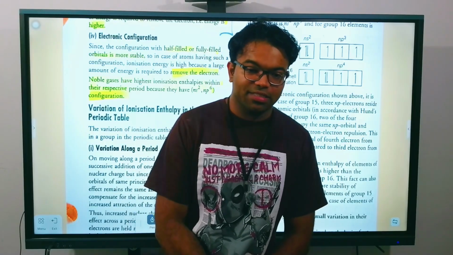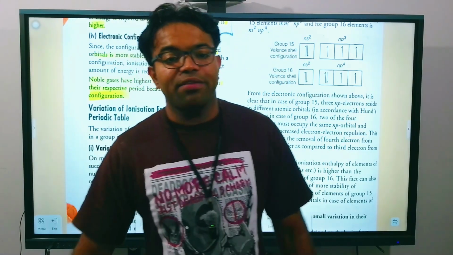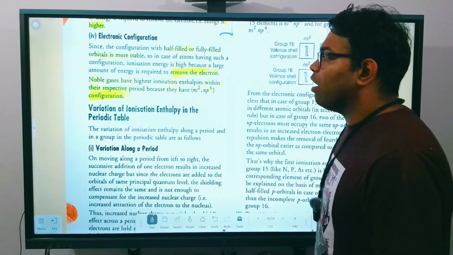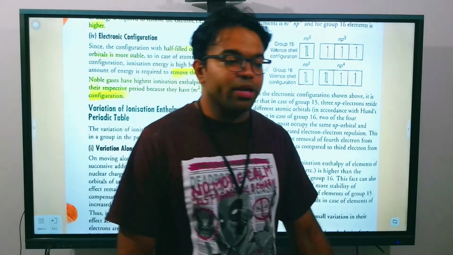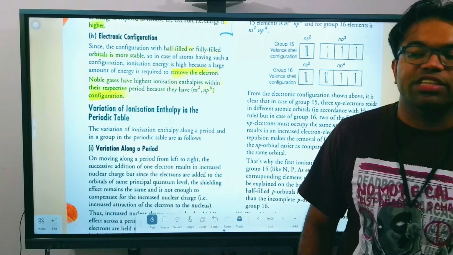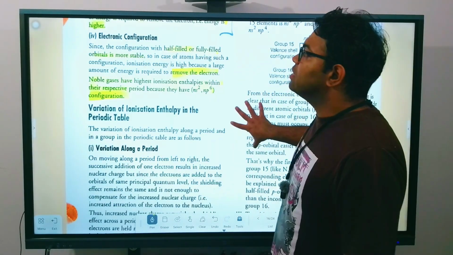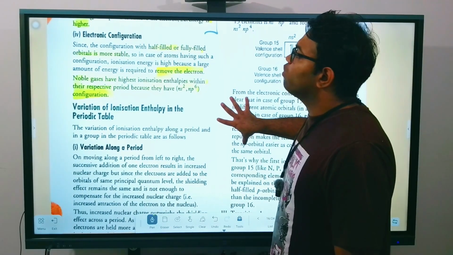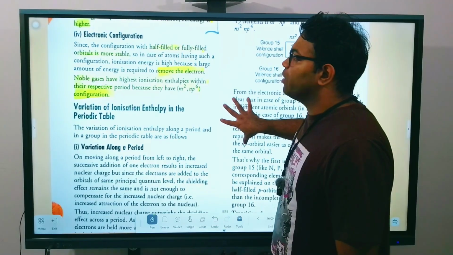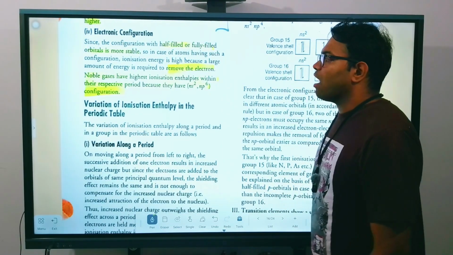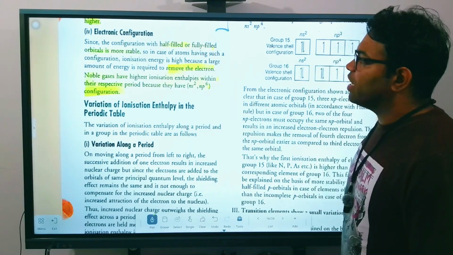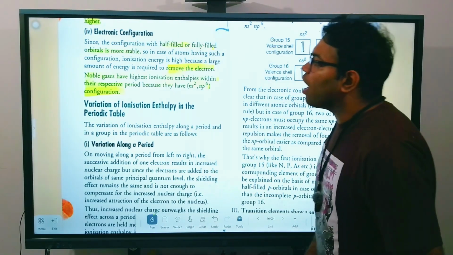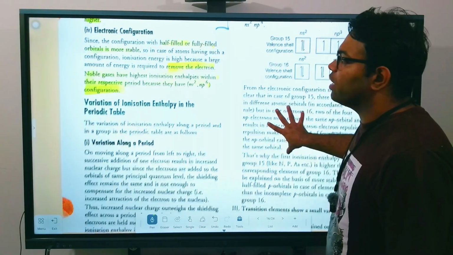Therefore repulsion decreases and it is more stable. Whenever in nature we try to damage or destroy the stability of an atom, we have to use an excess amount of energy. Since the configuration with half-filled or fully filled orbitals is more stable, in atoms having such a configuration, ionization energy is high because a large amount of energy is required to remove the electron.